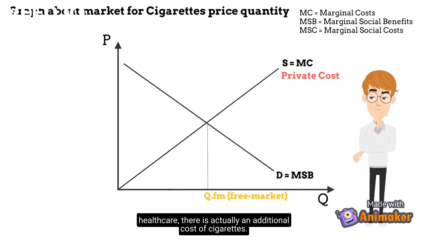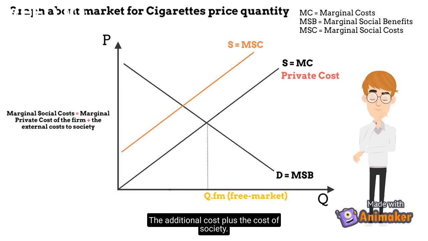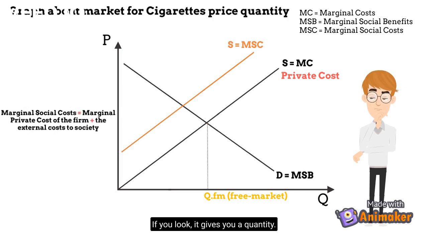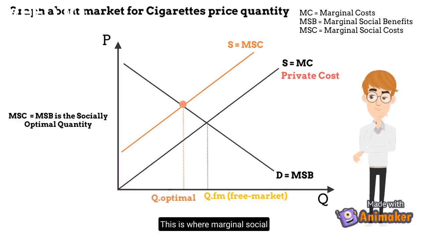There is actually an additional cost from cigarettes, and this right here is the supply, the marginal social cost. The additional cost, plus the cost to society. If you look, it gives you a quantity. That quantity is the optimal quantity. This is where marginal social cost equals marginal social benefit. So, what output should be produced?